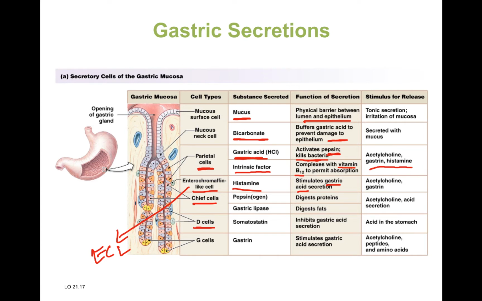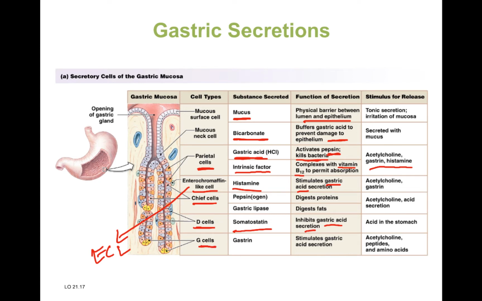Well, at that point, when the stomach acid builds up to a certain level, the D cells release somatostatin, and it really kind of calms this whole process down. So somatostatin is an inhibitory chemical. Okay. So it inhibits that gastric acid secretion, so you can imagine that its target are the parietal cells, and it's stimulated by the abundance of acid in the stomach.